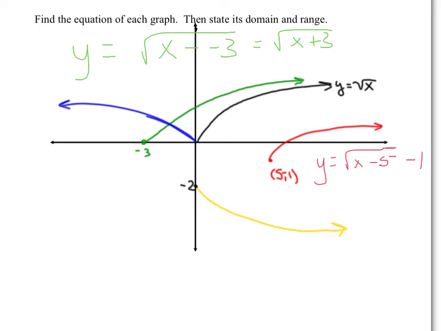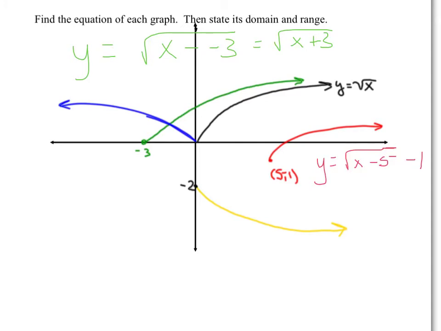That's outside the square root. We have the square root of x minus 5, minus 1. This part right here shows us the horizontal shift. This right here shows you the vertical shift. And that's how come this shifted from 0 to 5 and then down 1. Remember that this part we want to have it go back to 0. So if it started at 5, we want 5 minus 5 to send it back to 0.